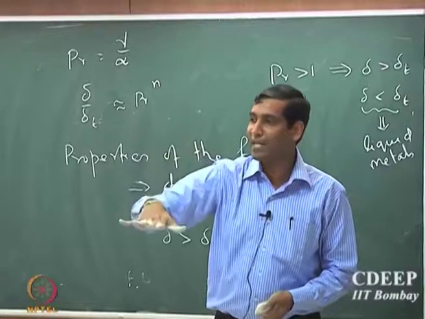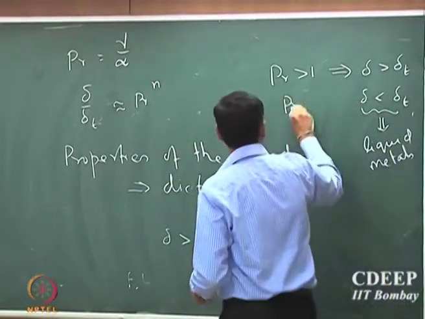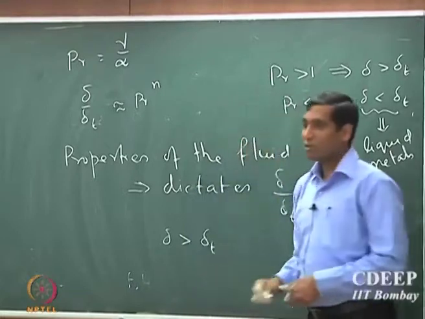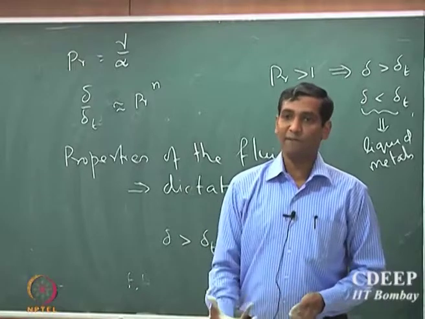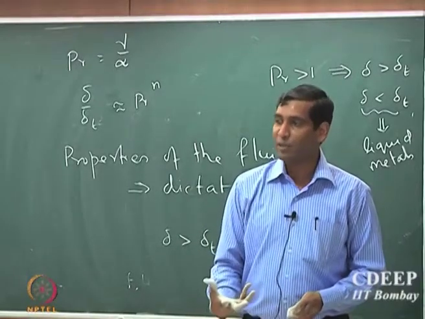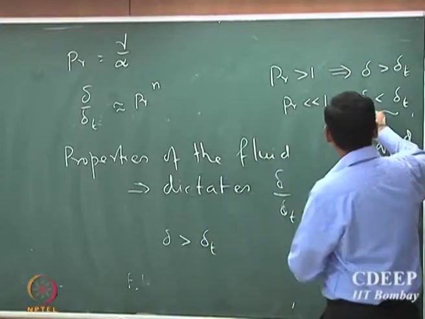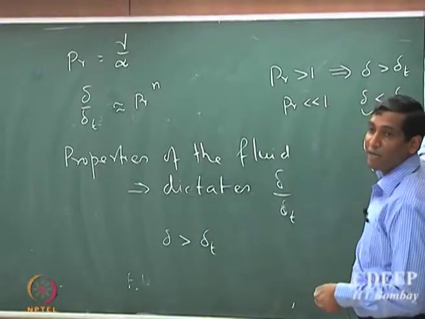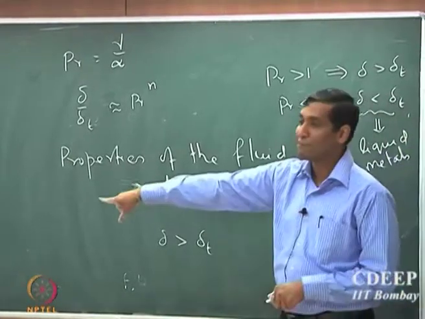So you have a liquid metal which is present. So in those cases you will see that the Prandtl number is actually much smaller than 1. So there the heat transport process is completely different, because the momentum boundary layer thickness is going to be smaller than the thermal boundary layer. Therefore the heat transfer properties are completely different. In fact that's why the exponent is different.